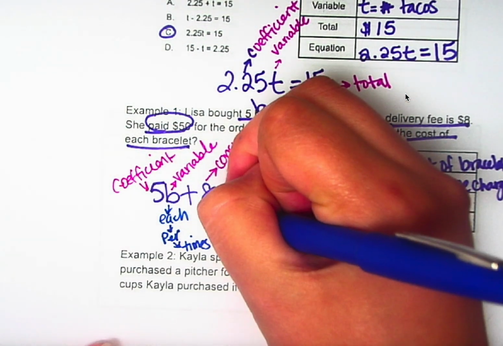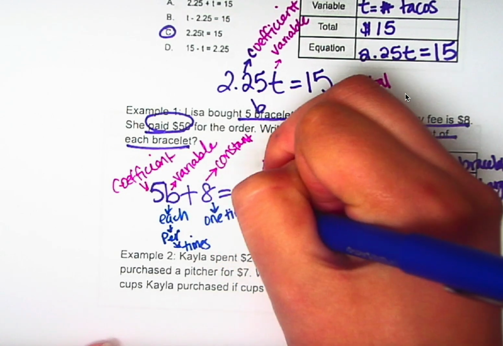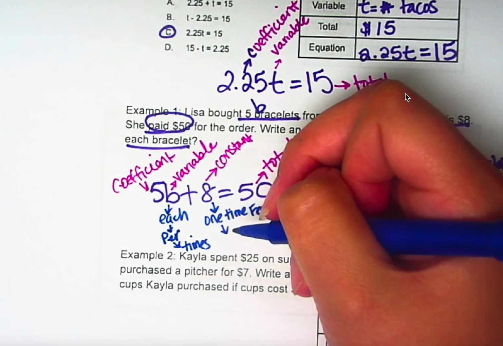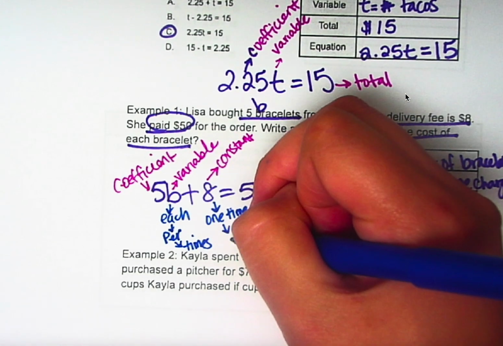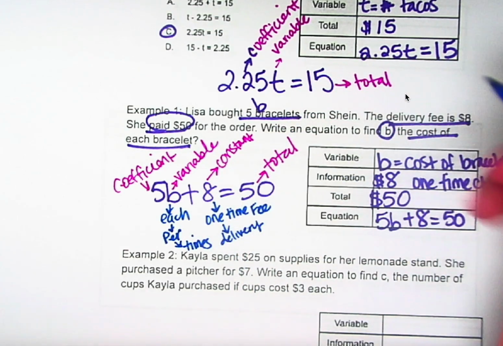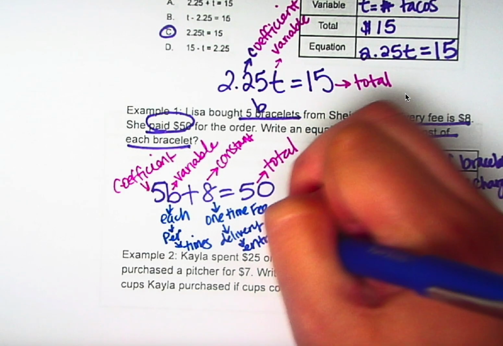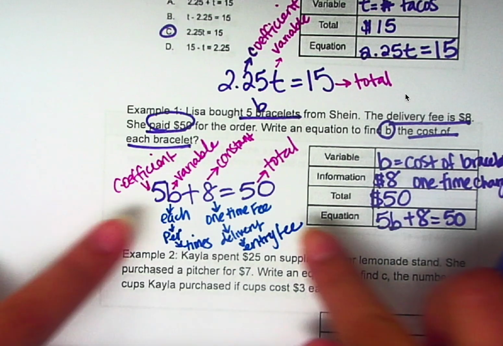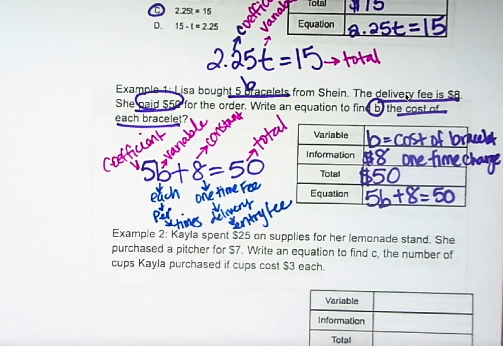This constant, it could say one-time fee. Or it could say delivery fee. Or entry fee. Just make sure you're looking for those keywords when you are writing these equations.